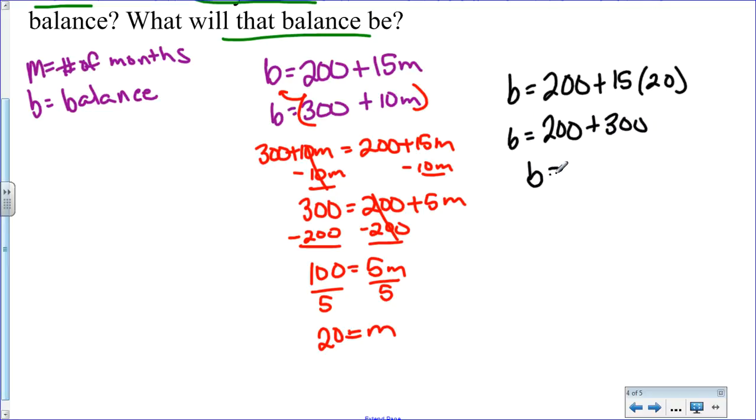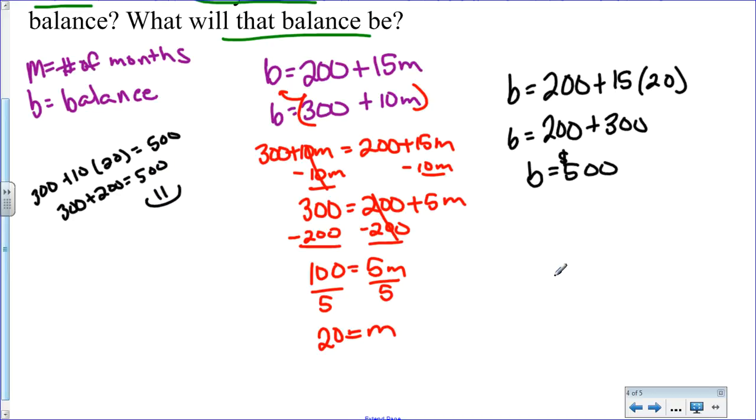So my balance should be 500. Okay, we can check this. If we do 300 plus 10 times 20, that should also equal 500. So 300 plus 200 is indeed 500. So that works.